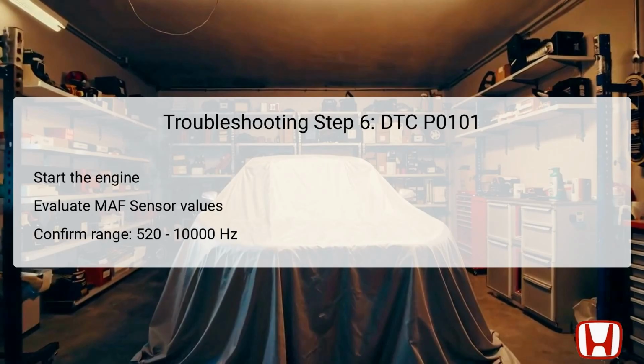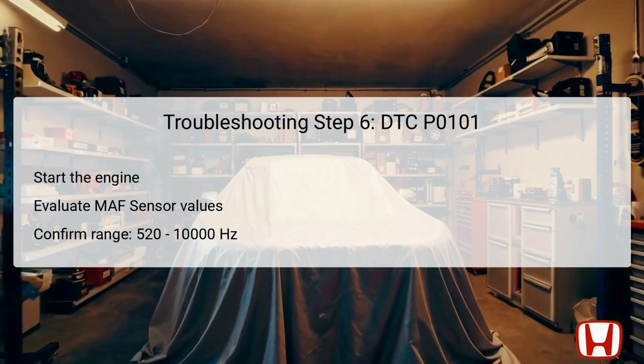The final troubleshooting step for DTC P0101 involves starting the engine and allowing it to idle, followed by confirming the MAF sensor values again using the Honda Diagnostic System, HDS. This test is performed to validate that the MAF sensor is providing accurate readings while the engine operates under idle conditions.